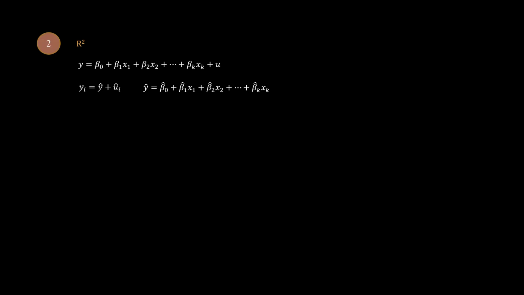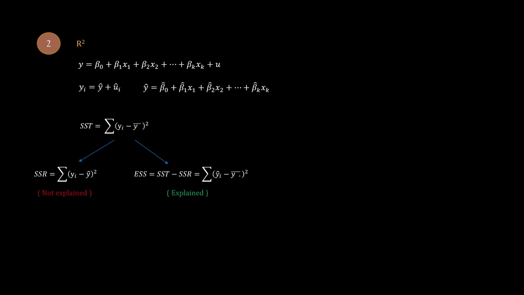The second measure of goodness of fit is R-square. It's calculated the same way as we did in case of simple linear regression. R-square is defined as the ratio of variance explained by the model and the total variance. Recall that R-square was the square of correlation between x and y in simple linear regression.